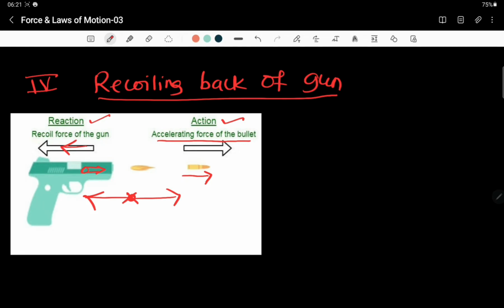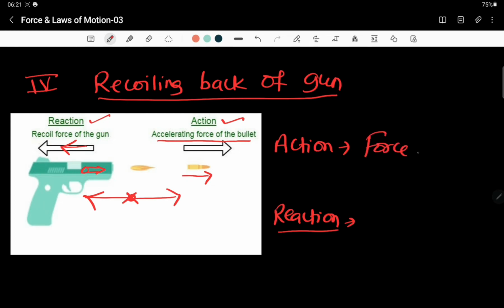If they ask you in recoiling of a gun, what is action and what is reaction, you should be able to tell: action means it is a force on the bullet, and it moves forward.